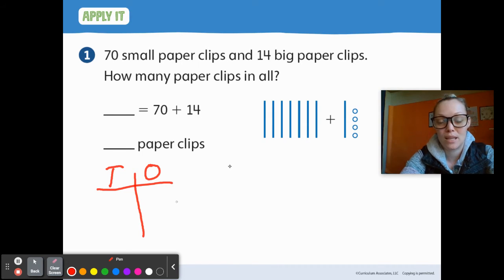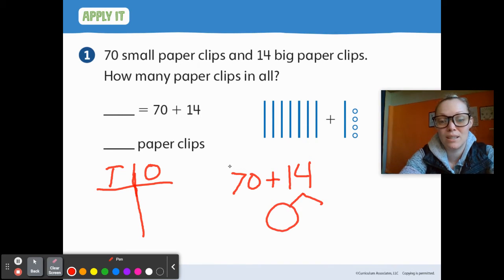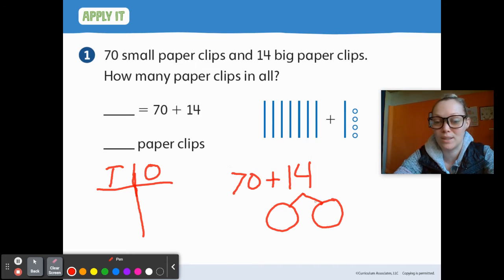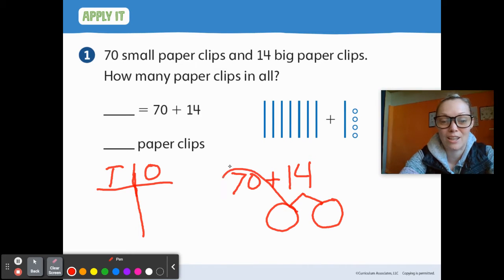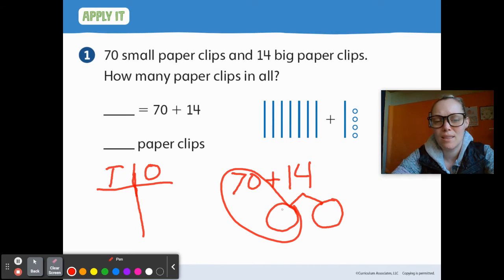There's that base 10 picture way or place value chart. And then there's another way where you could do 70 plus 14, and you would break up your 14 into your tens and ones, and then you would add your tens. I think those are the two main ways we've talked about. So go ahead and solve this problem now. Press pause and then come back when you're ready.